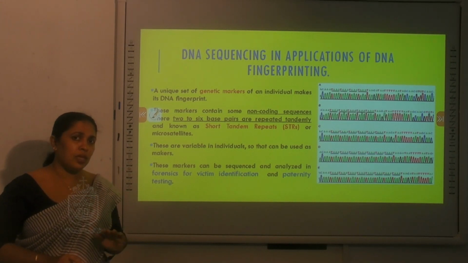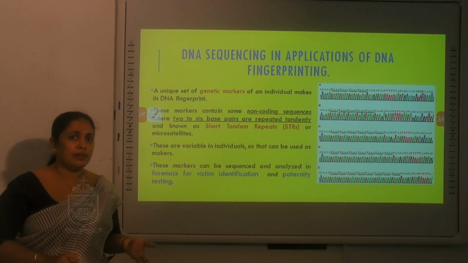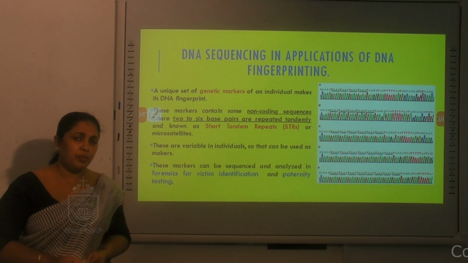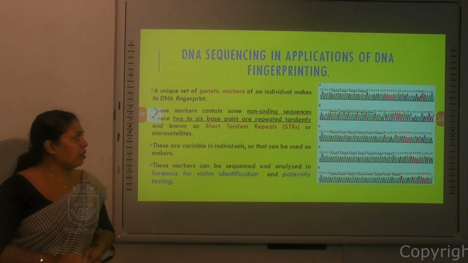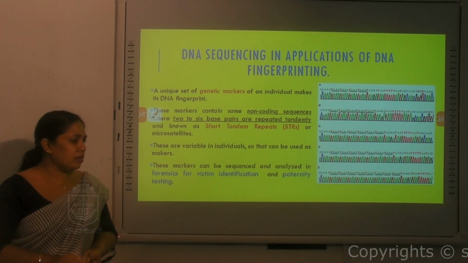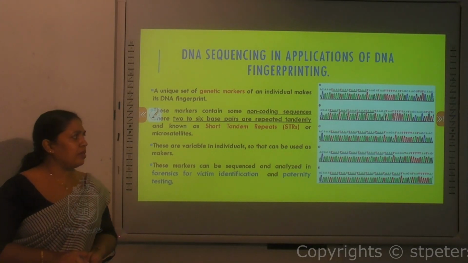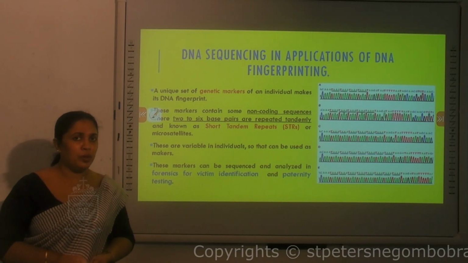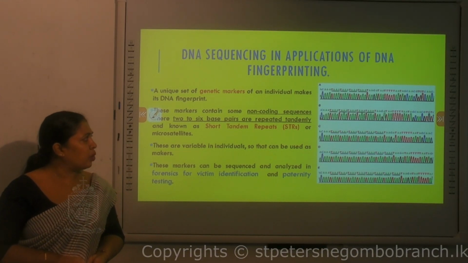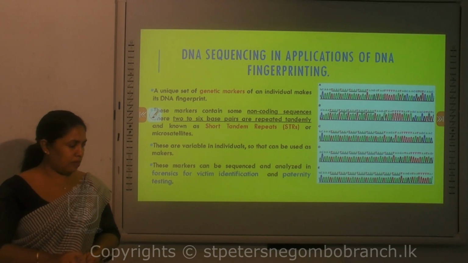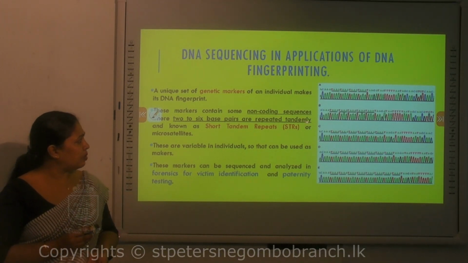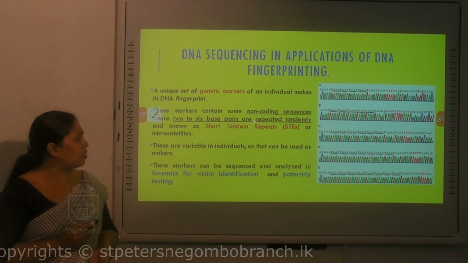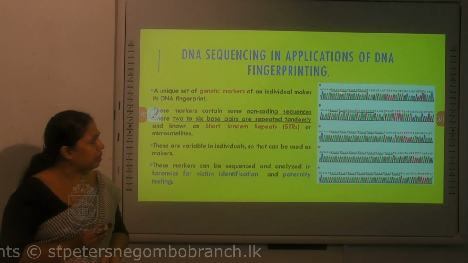Coding sequences always give a particular product, a particular protein. But in some areas there are non-coding sequences, and scientists have understood that some of them are repeating. These are short sequences, 2 to 6 base pairs repeating.